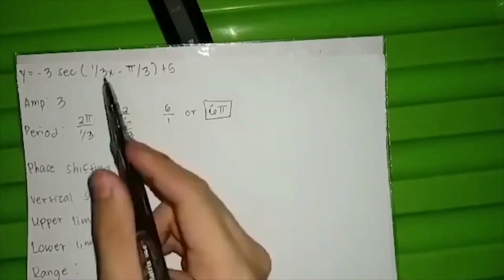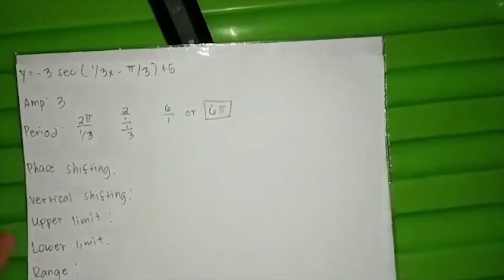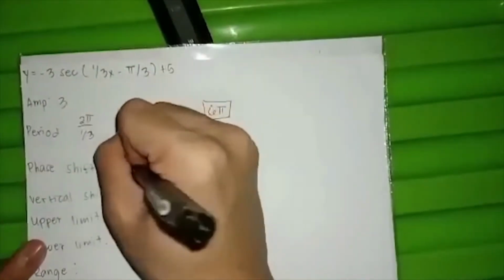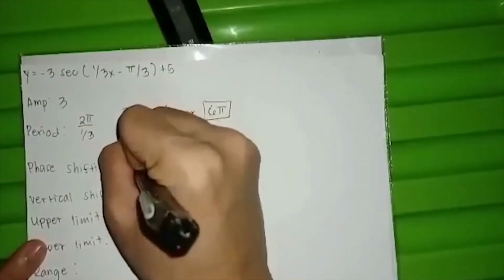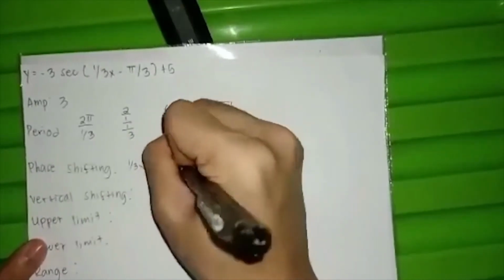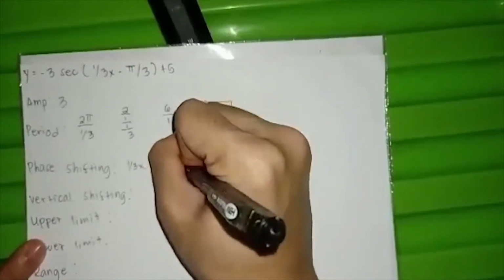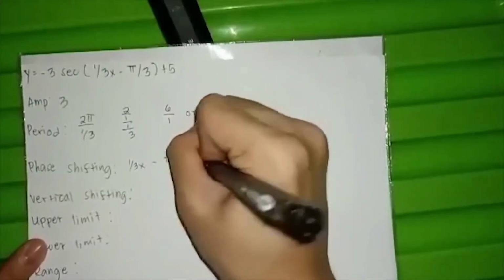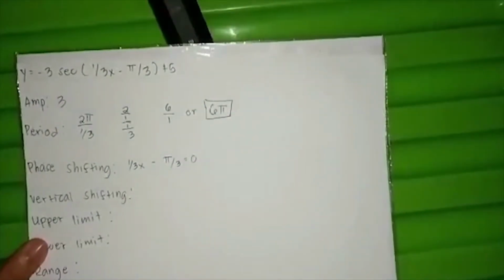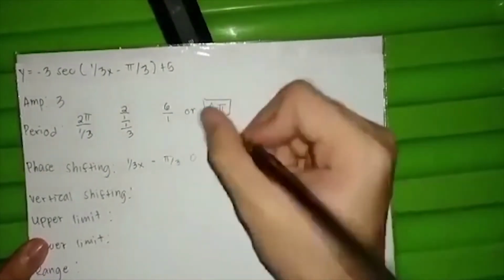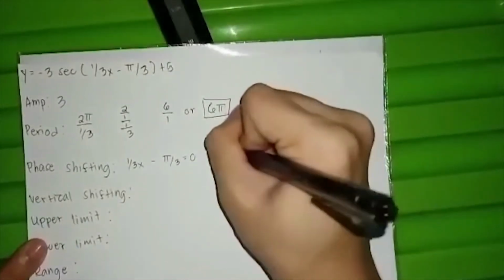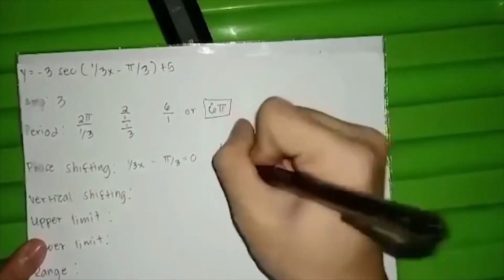Then, phase shifting. To get the phase shifting, equate the inside of the parentheses to 0. 1/3 x minus pi over 3 equals 0. Then, divide both sides by 1/3. 1/3 over 1/3.